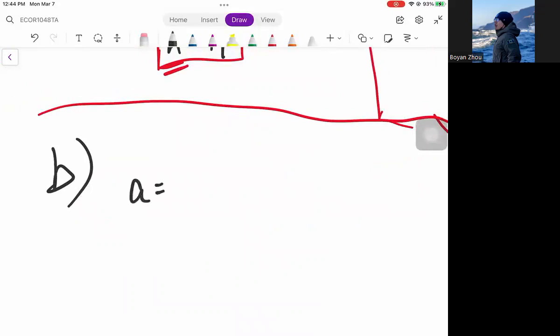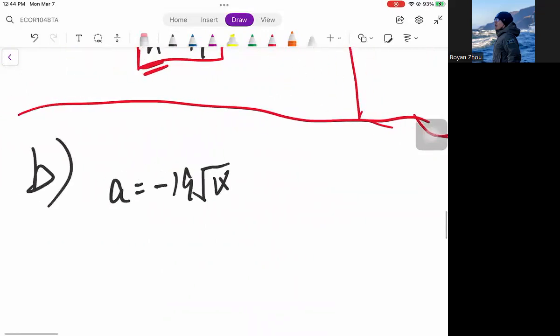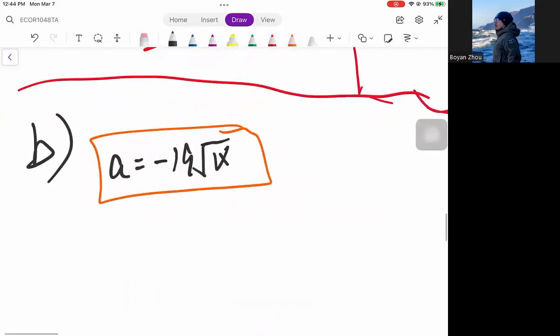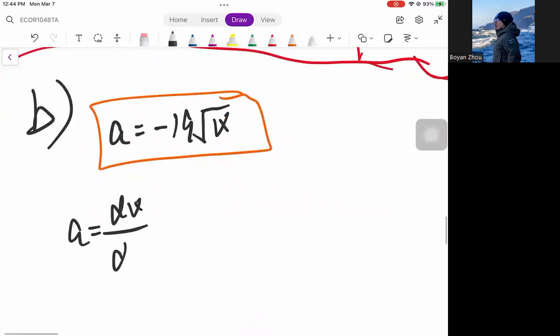So just copy down our equation between velocity and the acceleration. A is equal to negative 19 square root of v. And the equation we're going to use for this one is A equal to dv over dt.